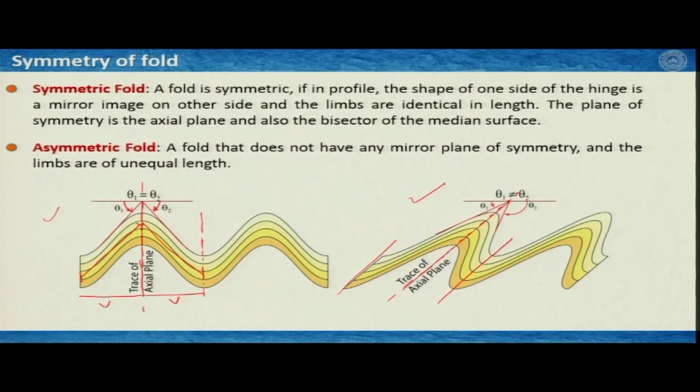Therefore, this fold is asymmetric. You can also see the length of this limb is longer than the length of this other limb, considering it does not have any hinge zone. This angle, if you measure, is theta 1, this angle is theta 2, and in this case theta 1 is not equal to theta 2. So this is how we define the symmetric fold and the asymmetric fold.